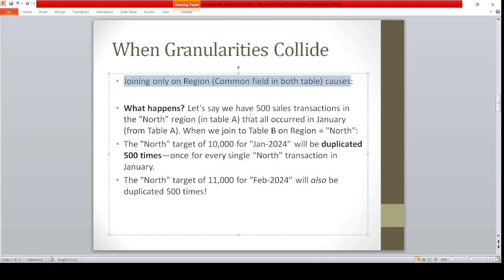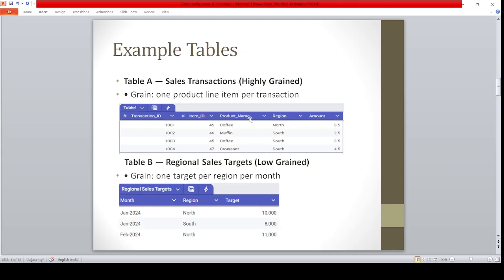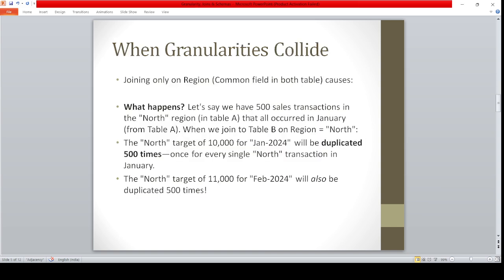Let's say we have 500 sales transactions in the north region, all occurring in January, in table A. When we join to table B in region north, the north target of 10,000 for January will be duplicated 500 times.